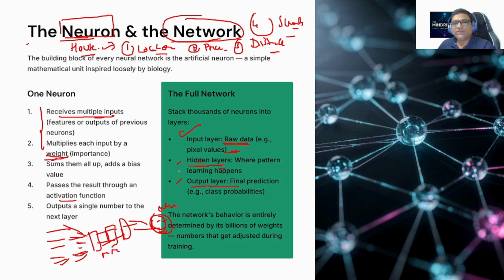During training, billions of weights are continuously adjusted until the network starts making accurate decisions. So you start with zero weight, zero bias, and you start increasing each by 0.01, 0.02, and so on, up to a certain level where the model reaches an accurate stage, or maybe the accuracy is good, right?